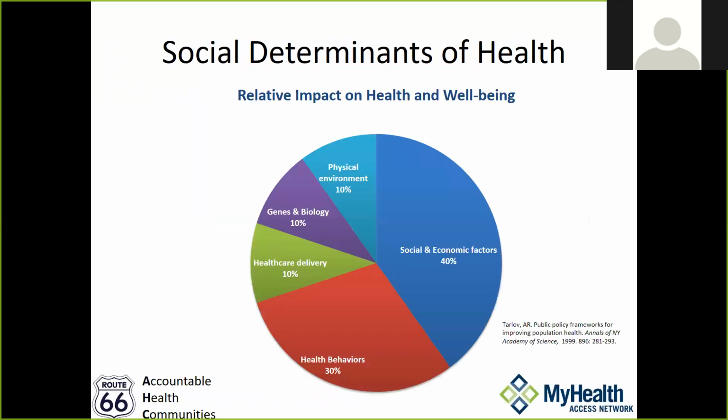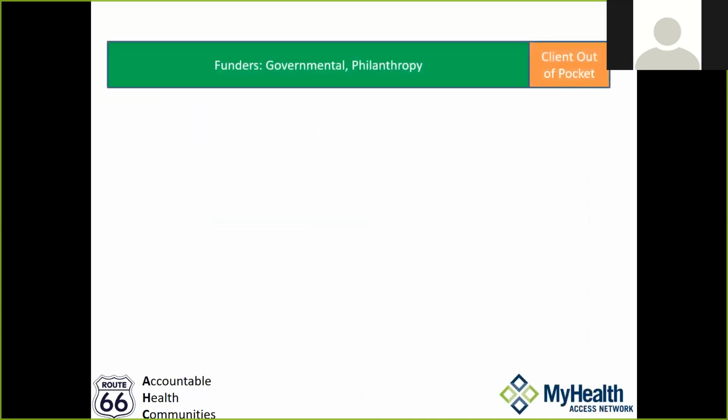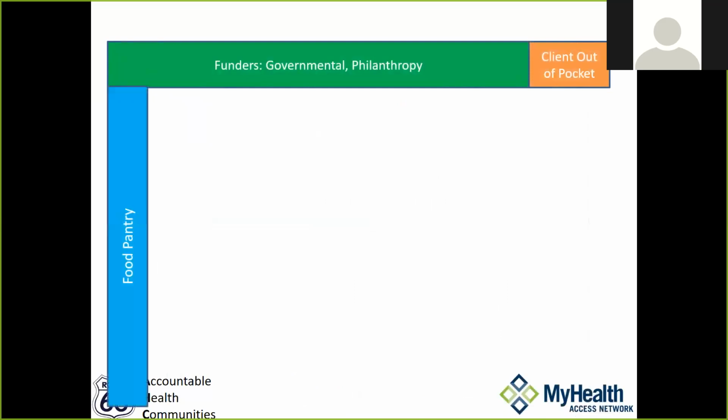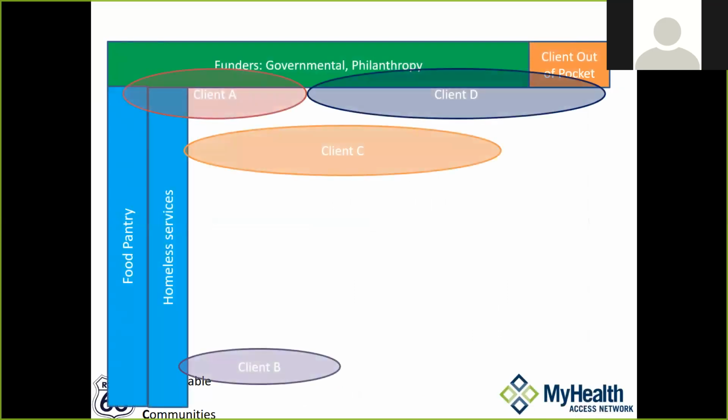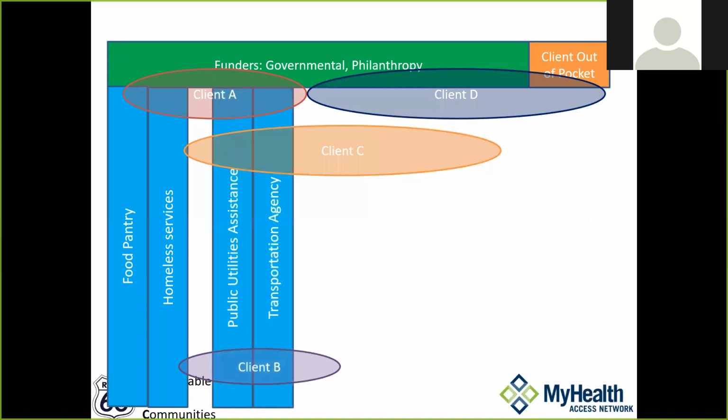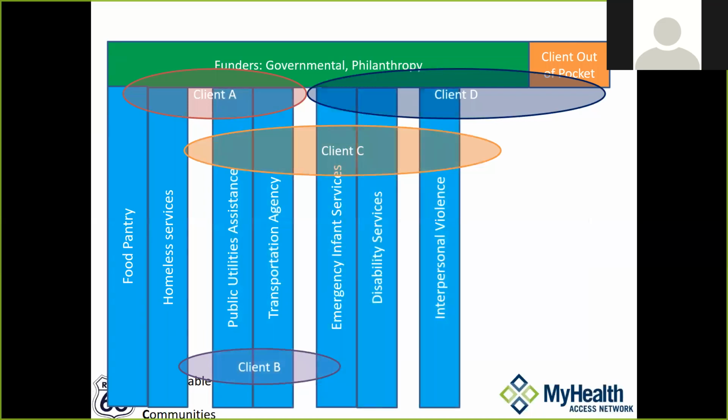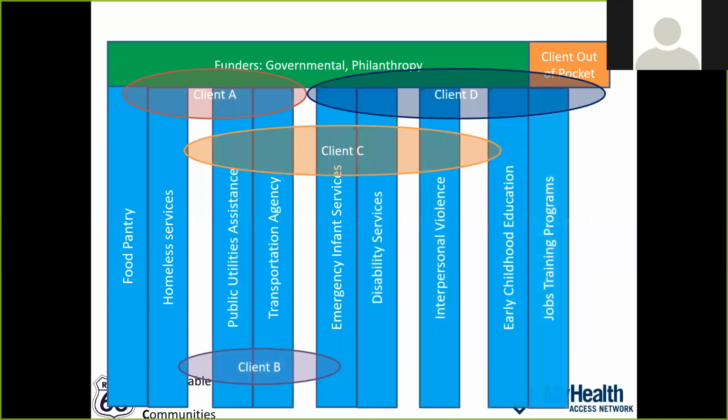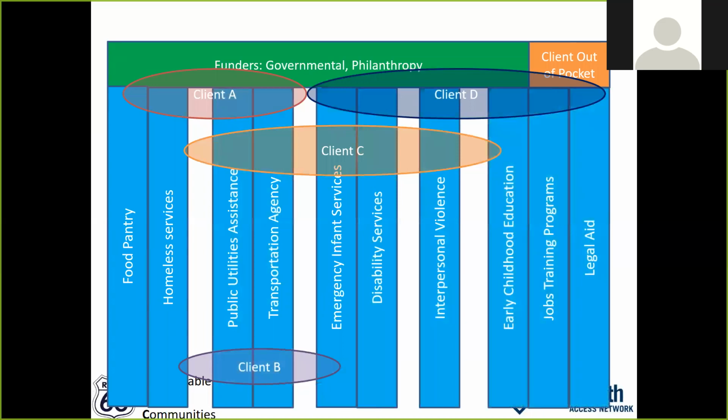So we come back to the social needs chart again and think about our community of social services. We recognize that our social service agencies are funded by governmental and philanthropic sources. And then there are lots of different social service agencies, and the clients, just like with electronic medical record systems and with healthcare, tend to get services. If they get services in one social service agency, they're going to be touched by several social service agencies.